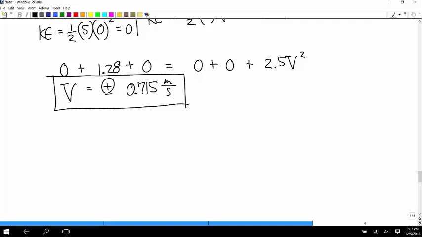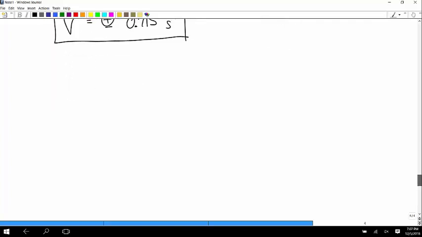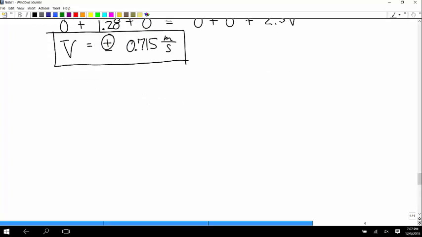And let's see what happens. Okay, so here's the ceiling.